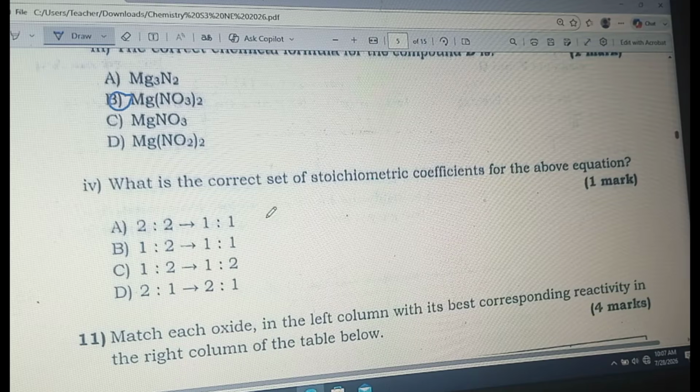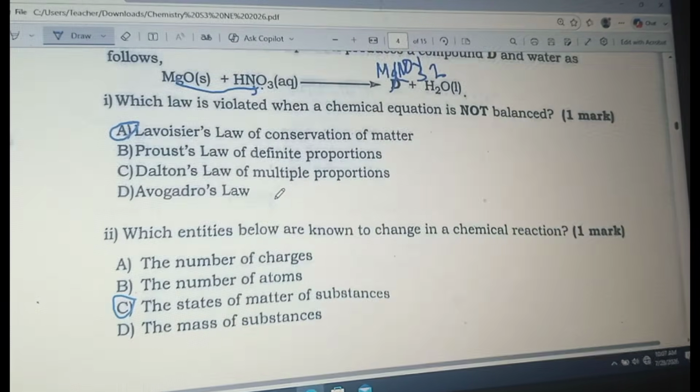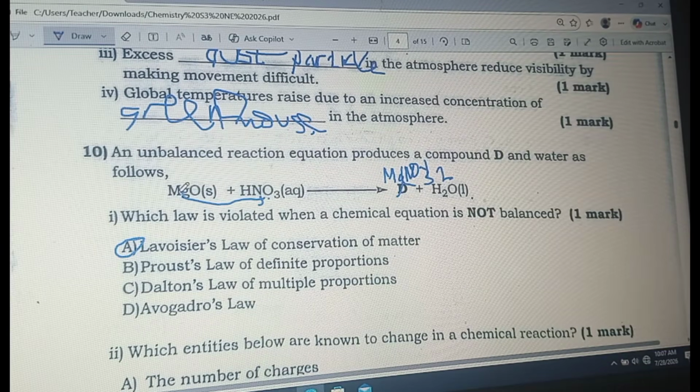4, what is the correct set of stoichiometric coefficients for the above equation? Here we have one magnesium, and here we have one magnesium. Oxygen, we have 1, and this is 3, so 4 oxygen. 2 times 3 gives 6 oxygen, and this one 7 oxygen. We multiply by 2 here.